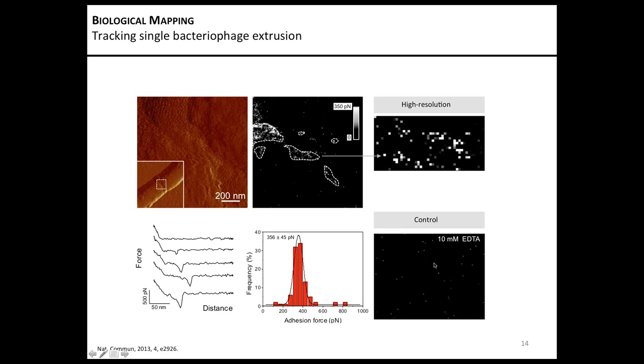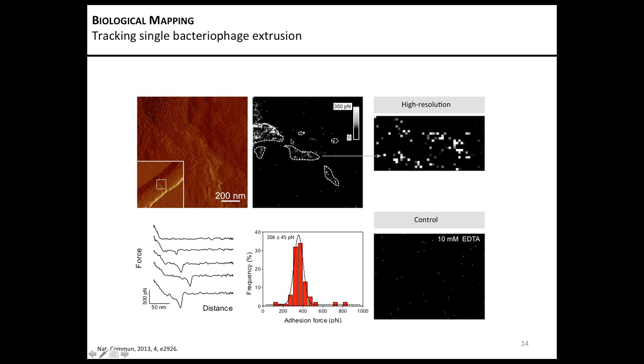And we assess the specificity by adding some EDTA to the solution, and we see a very huge decrease of the adhesion frequency. Here on the edge of the cells, there is some adhesion, but it's very difficult because if you look at the individual force curves, they are not well defined. It's very difficult to see if it's real adhesion or some noise or whatever.